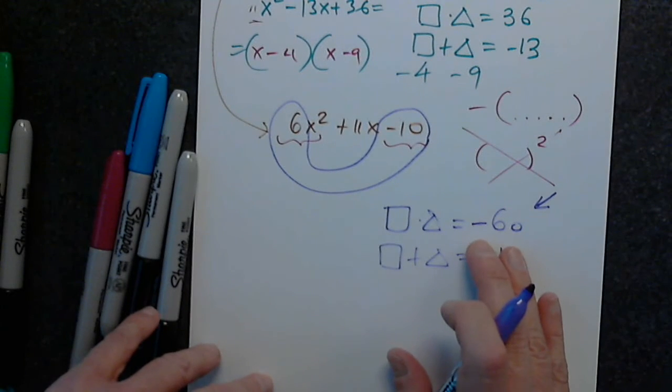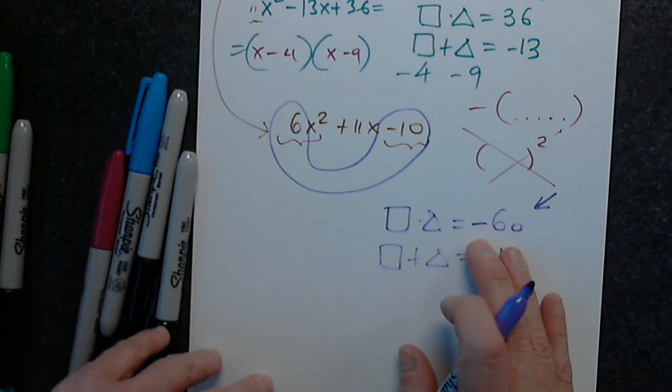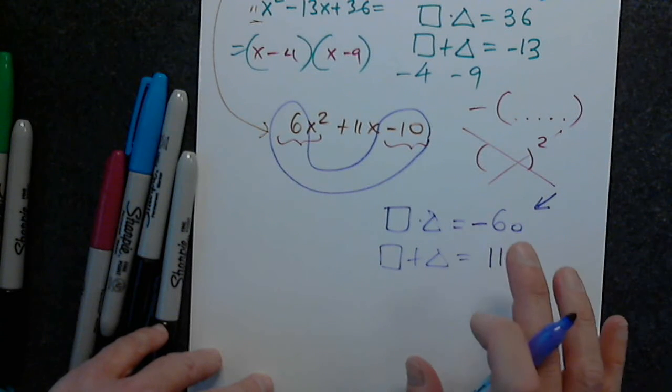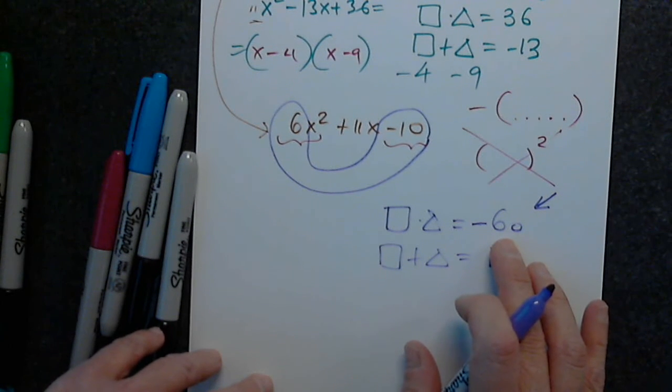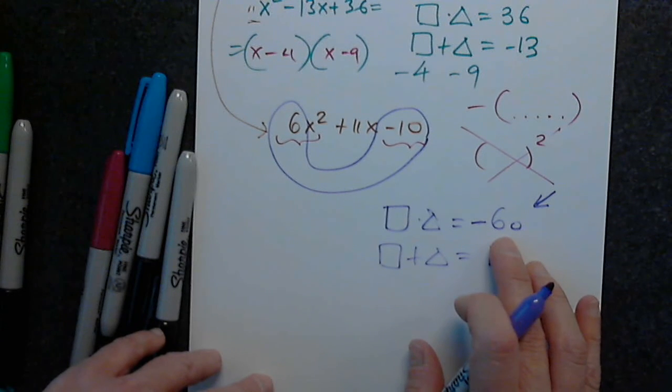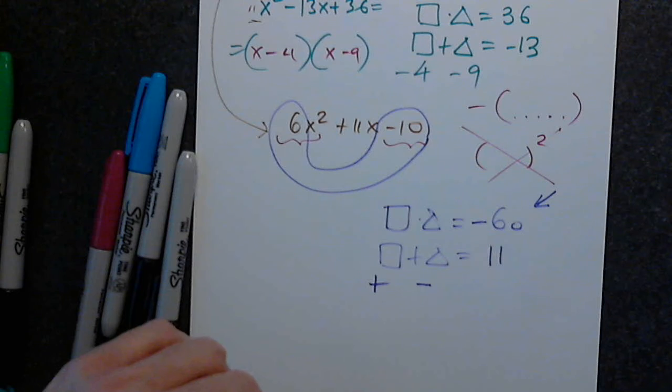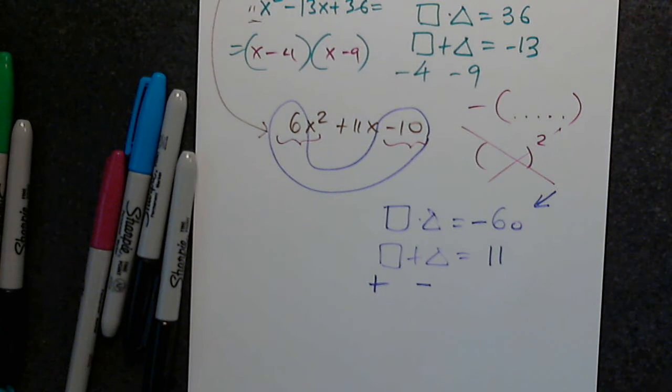The product gives us the sign of the numbers, so you do not make a mistake. Since the product is negative, one number must be positive and the other negative, exactly. There is no question there. We only have one option when the product is negative. One number has to be positive and one number has to be negative.